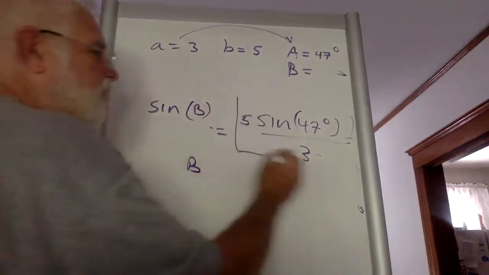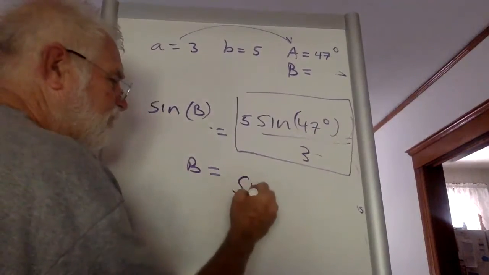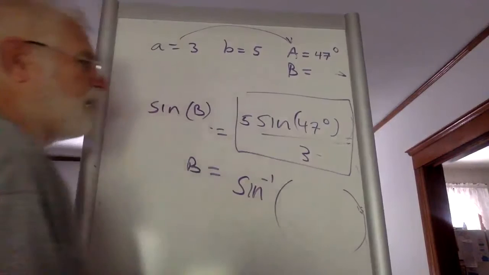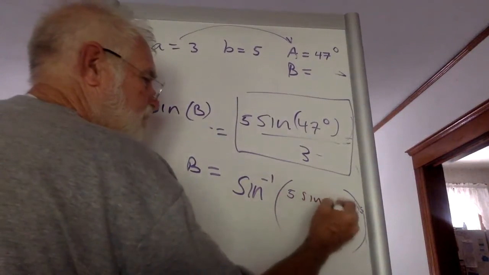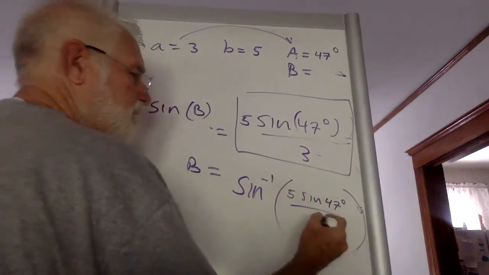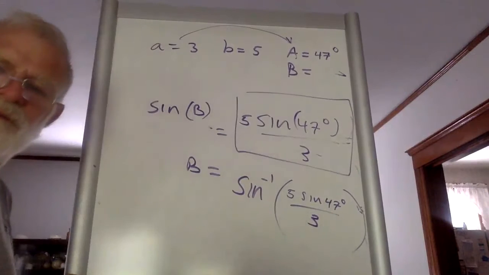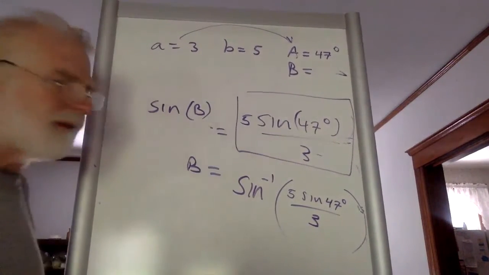Oh, this is a ratio. I know the language that goes with ratios. It's inverse. You use inverse sine, symbolic communication, to get a ratio. And I should be able to come up with a fairly decent approximation of this ratio because I know what the sine of 47 degrees is close to. It's close to the sine of 45 degrees, 0.71.